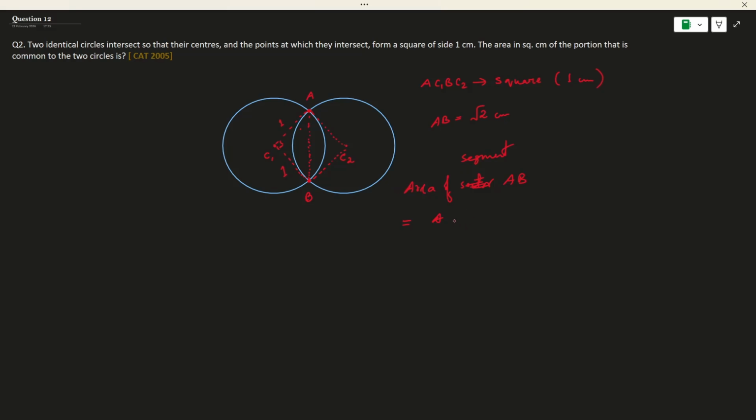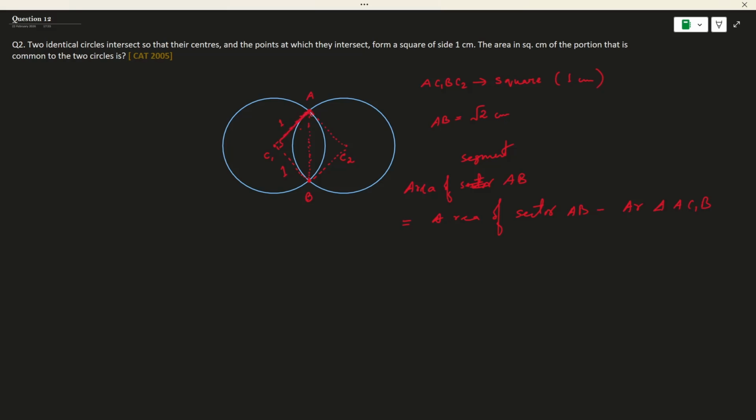So it's basically the area of sector AB minus area of triangle AC1B. So if I find this area, right, look at the diagram carefully, guys.